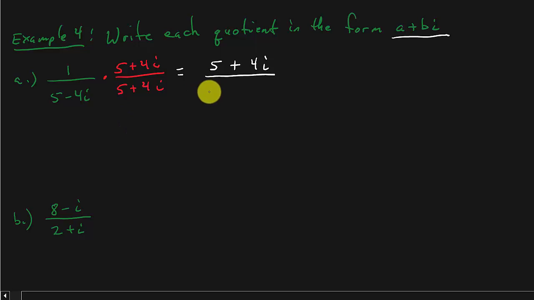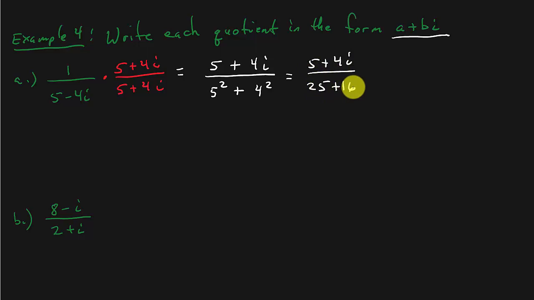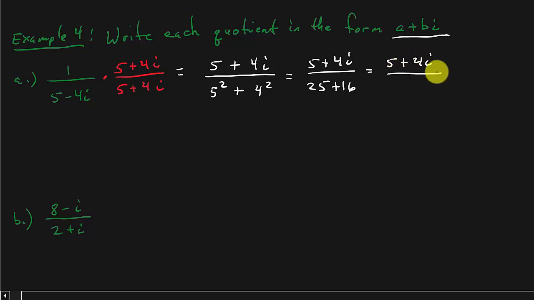So a squared, a is 5, plus b squared, b is 4. So this is going to be 5 plus 4i over 25 plus 16, and 25 plus 16 is 41.